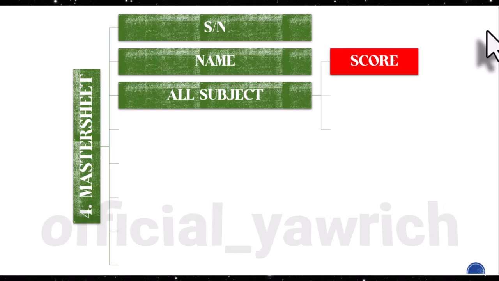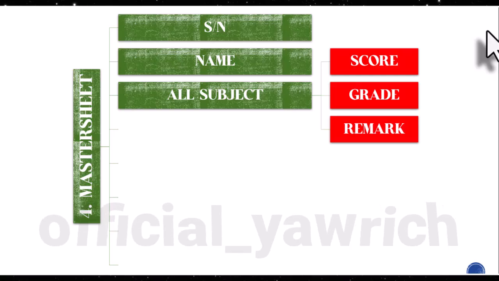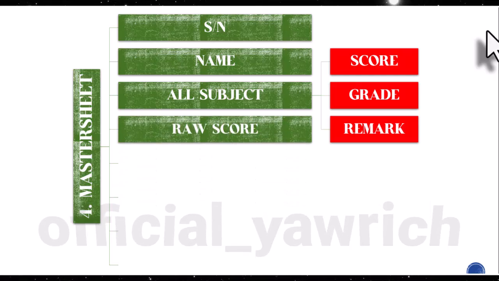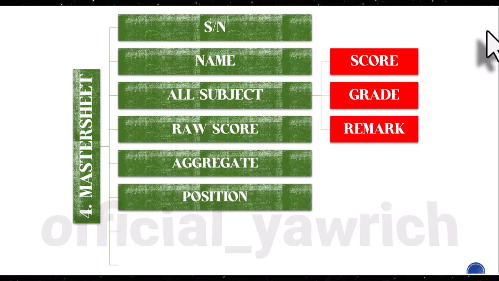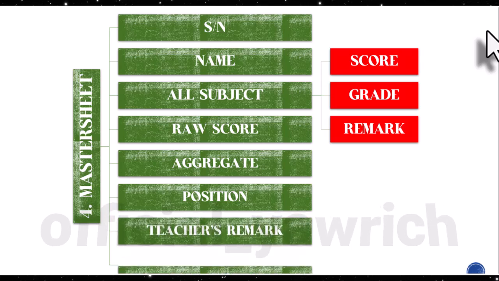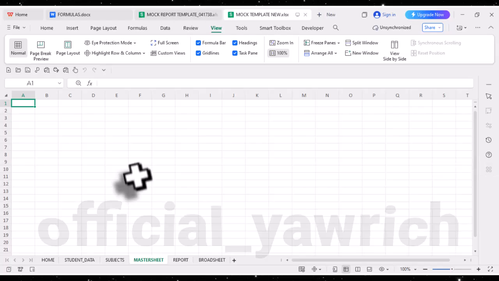So for English, you have score, grade, and remark, which we would need in our report sheets. Then we also do a raw score, which also goes to the report, aggregate, position, teacher's remark, and row number sheets.